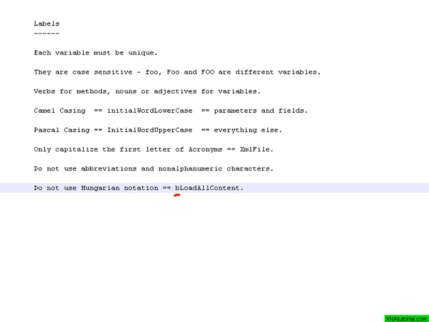This was good a long time ago in, for example, C or C++, when the IDE might not have provided that information. But in Visual Studio and Visual C#, we get to know that it is a Boolean just by hovering the mouse over the word. So we don't need to include that in the name.